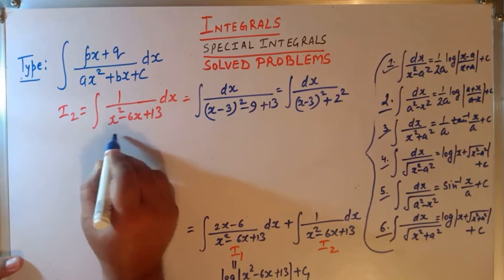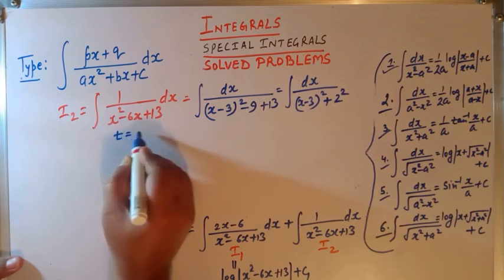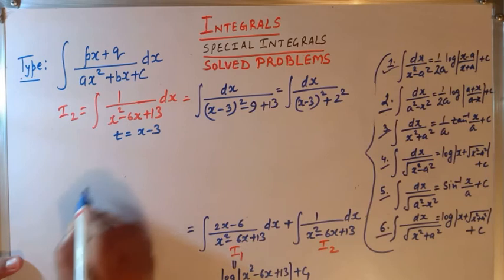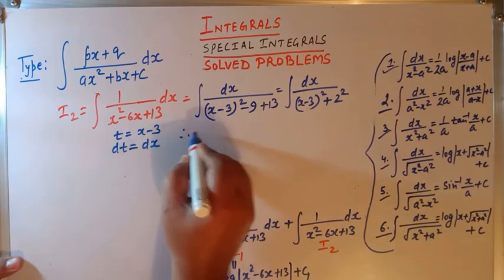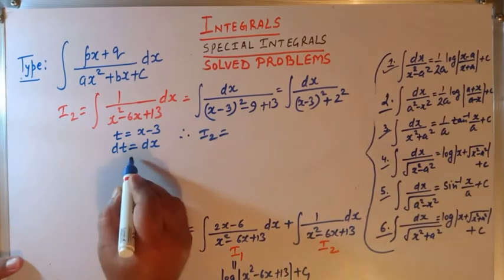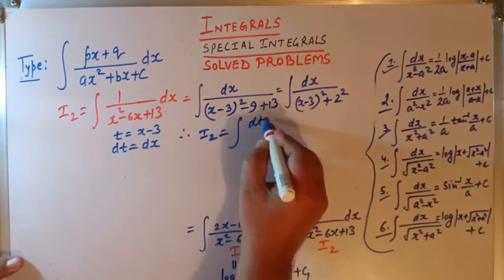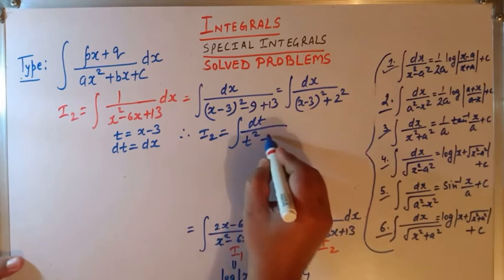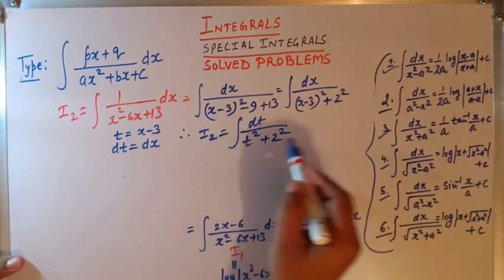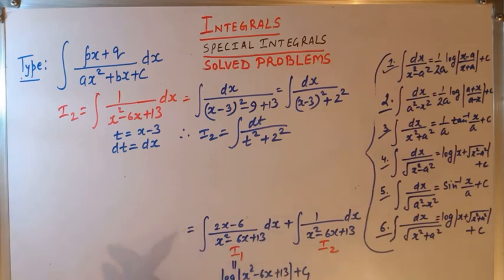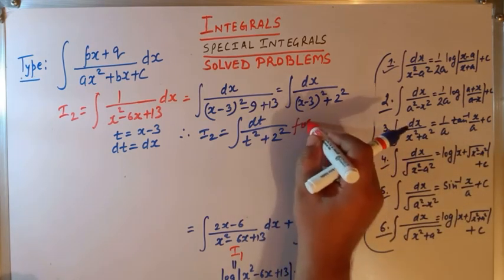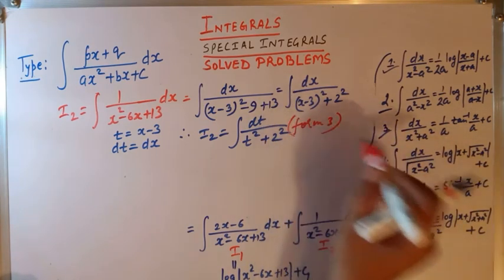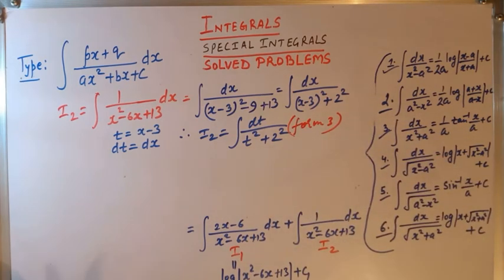Now let us put t equal to x minus 3, where dt is equal to dx. So therefore this integral I2 is given by dt divided by (t square plus 2 square), and this integral has reduced to form 3. Clear? So here we have form 3.